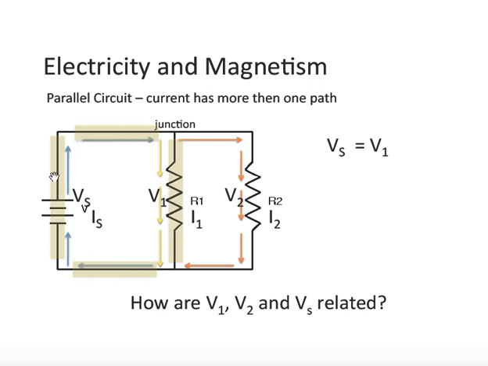Follow my hand as I go around this path. We hit one battery, which is called Vs. That's this side of the equation. And then we hit one load, which we call V1. Now we're going to look at the other path here. Again, start here at the source.